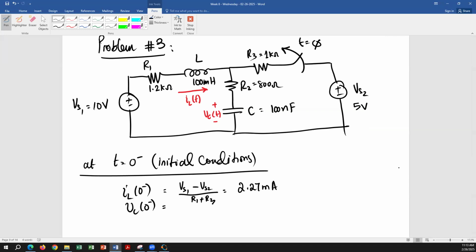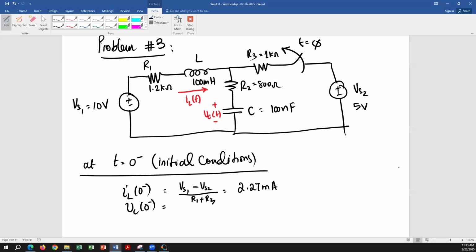Okay, who is now going to tell me how to find the capacitor voltage? That's not difficult. Somebody should tell me this. Okay, Chris, you go ahead. No, don't tell me it's 5 volt. Tell me how you're going to find it. Vs1 is parallel with Vc.